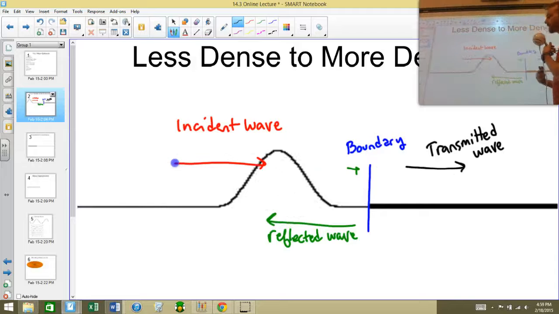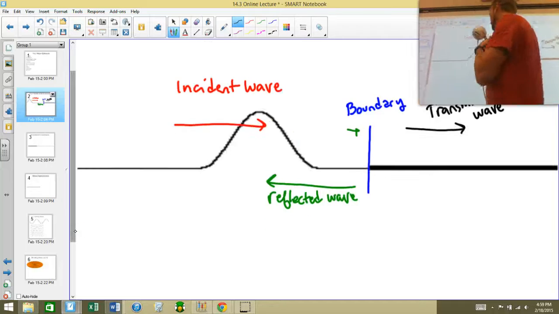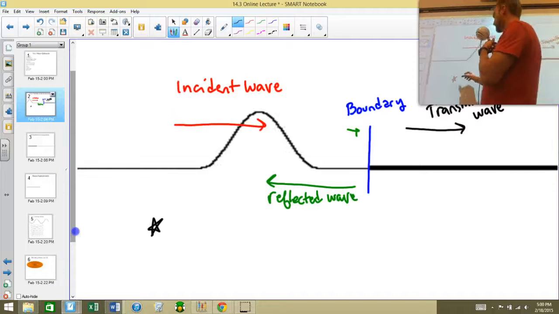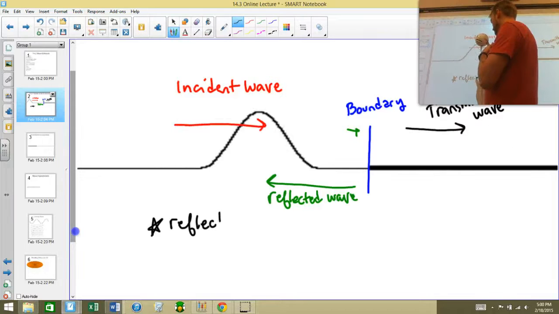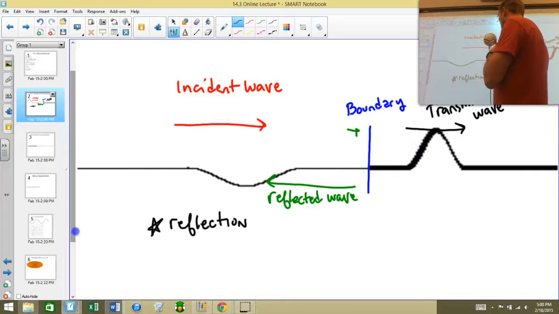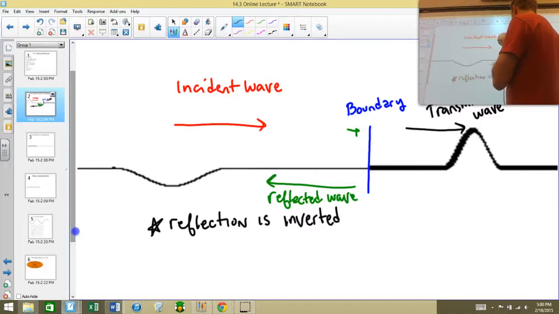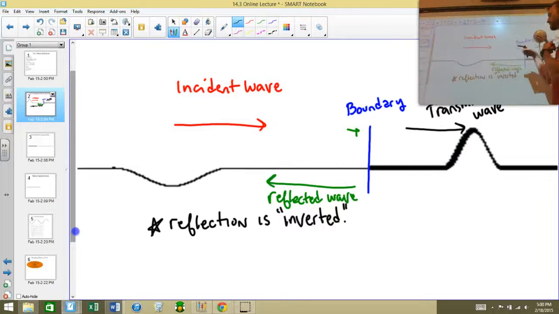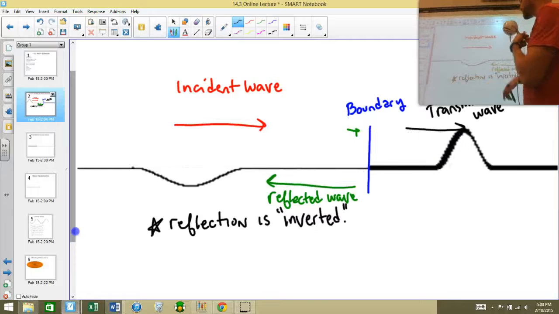Now, something that's very important: when a wave meets a more dense medium, it will always come back on the opposite side. We call this inversion. The reflection will come back on the opposite side. You'll notice too that the reflection is smaller.